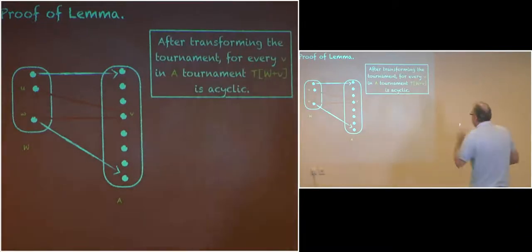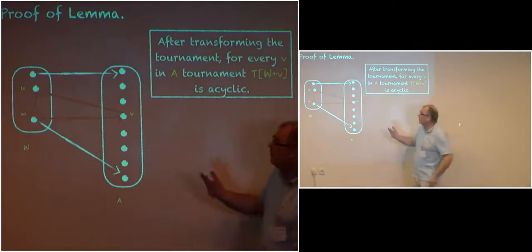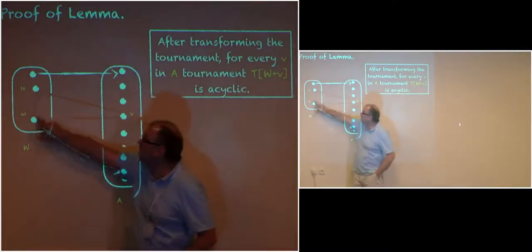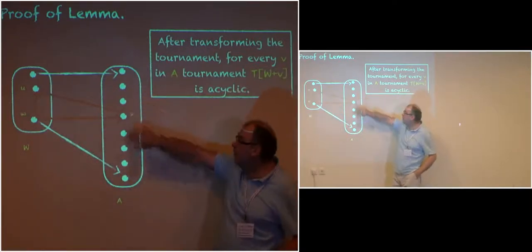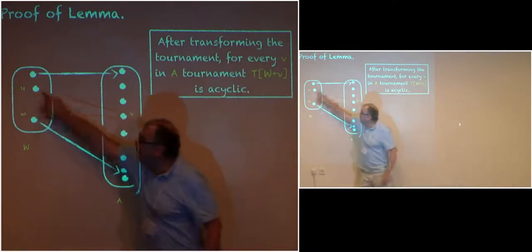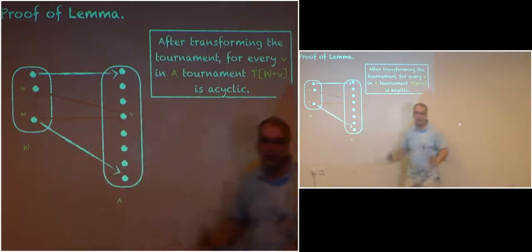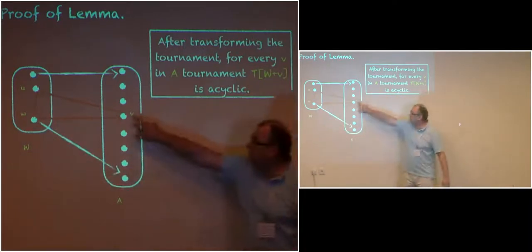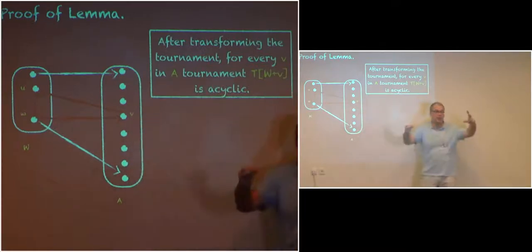So what do I know after this polynomial time preprocessing of my tournament? If I have any three vertices, two of them from W and one of them from A, then these three cannot form a triangle. Because if they formed a triangle, once again, this vertex should go into the solution. What does it mean that these three don't make a triangle?